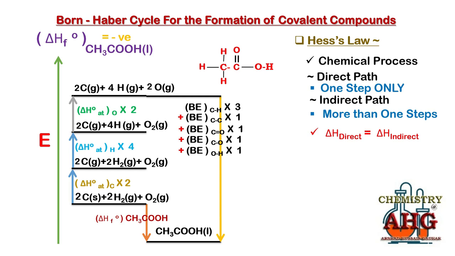It is where all the arrows take their start, and the final stage is where the arrows end up. Keeping this in mind, you can easily guess which is the initial stage and which is the final stage. This is the initial stage where reactants are present, because you can see two arrows taking their start and both arrows touching their tails at this position. So that is why this is the initial stage.